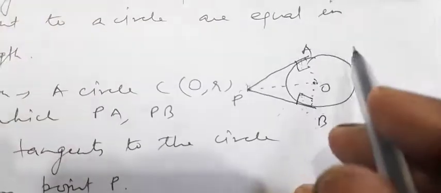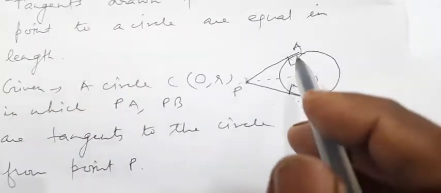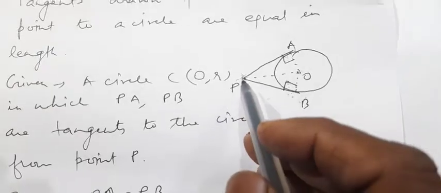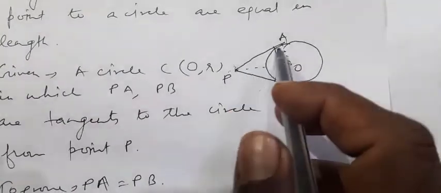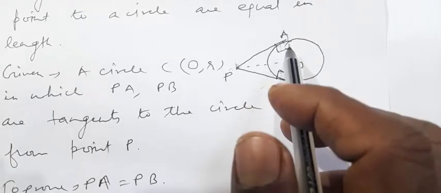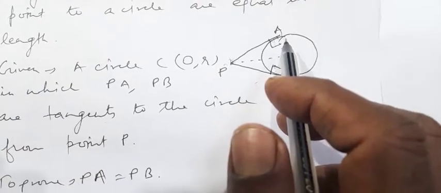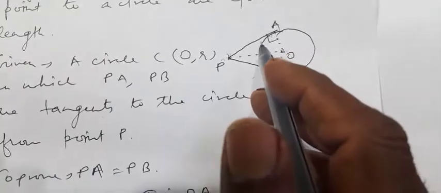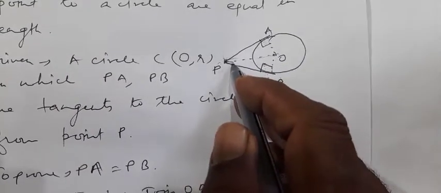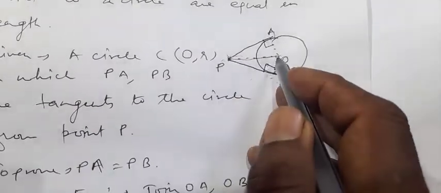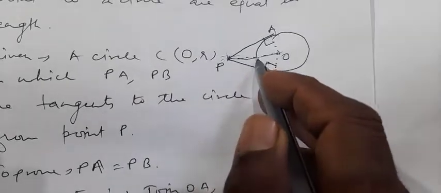It means that if we have a circle in which P is an exterior point and PA and PB are tangents drawn to the circle, then we have to prove that tangents are equally inclined to the line joining the center and the exterior point. This is the line PO which joins the center and the exterior point.